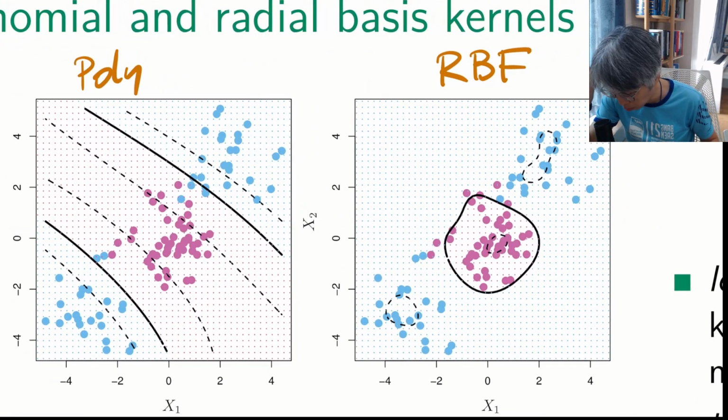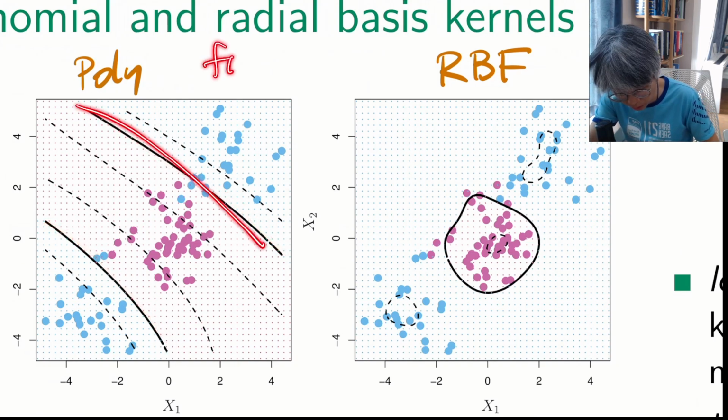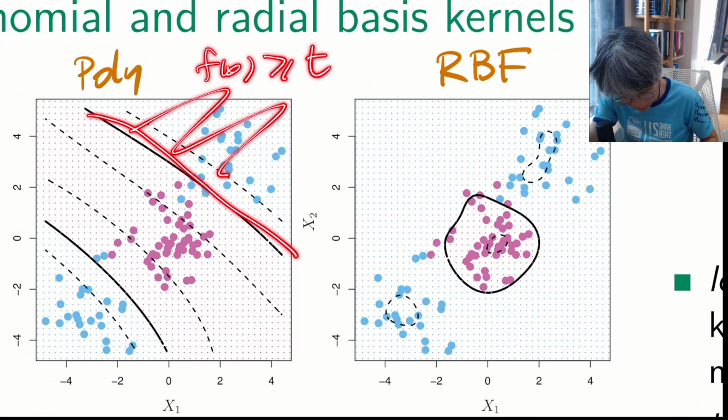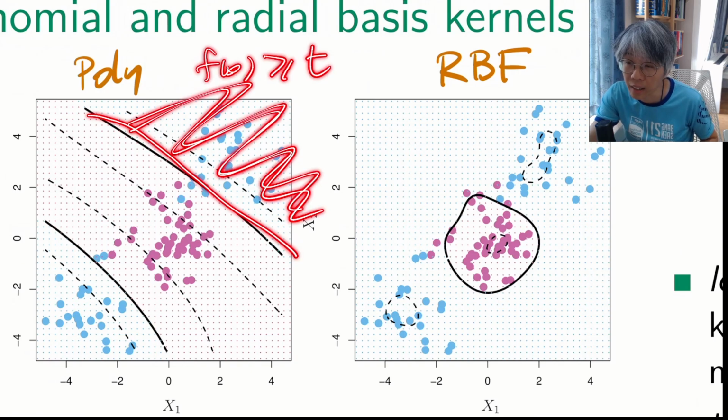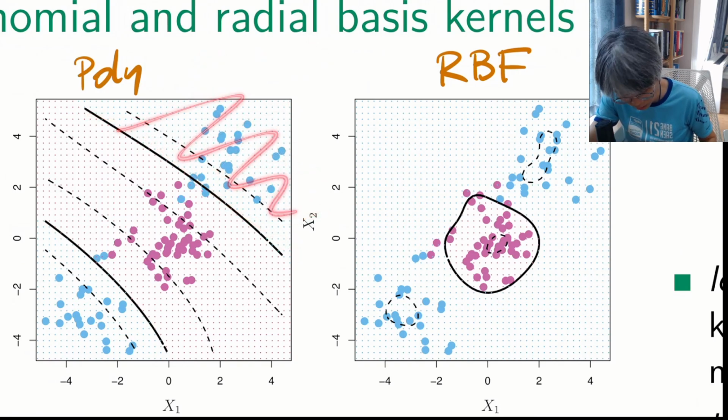You have the pink and the blue class, and the solid line is the decision rule given by the expression of your f(x). When f(x) is greater than some threshold, you get one side of the decision region, and the other side otherwise. It seems to work pretty well for the polynomial.